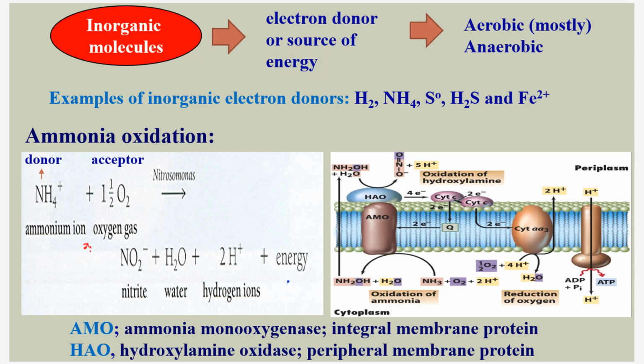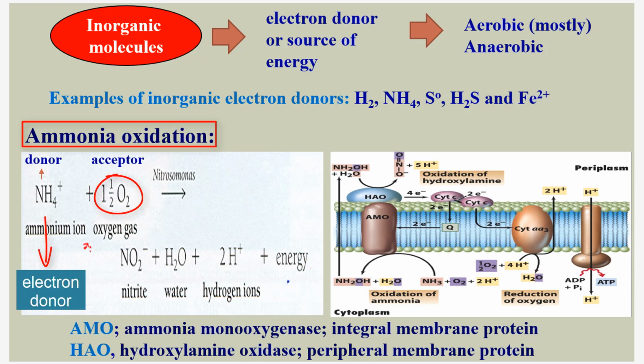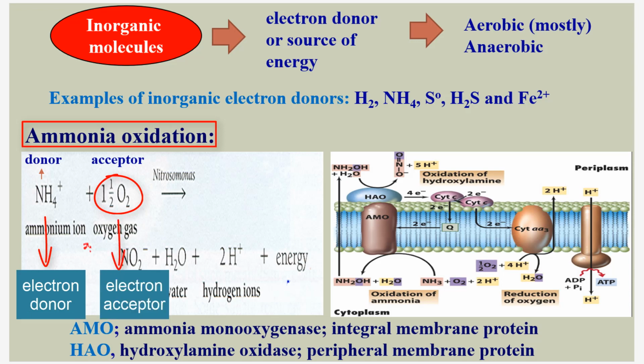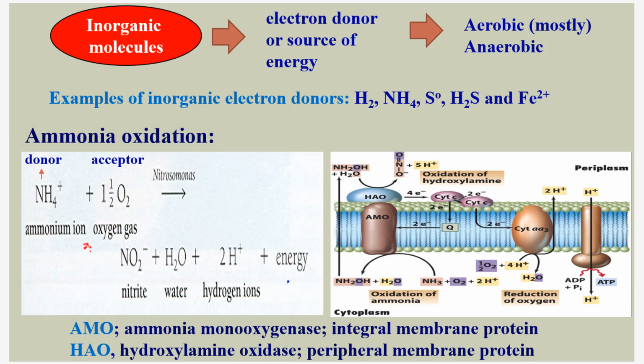An example of oxidative inorganic metabolism is ammonia oxidation. In ammonia oxidation, ammonia or ammonium is the electron donor. And since ammonia oxidation is an aerobic process, oxygen is the electron acceptor. So the process leads to the oxidation of ammonium to nitrite and the reduction of oxygen to water.